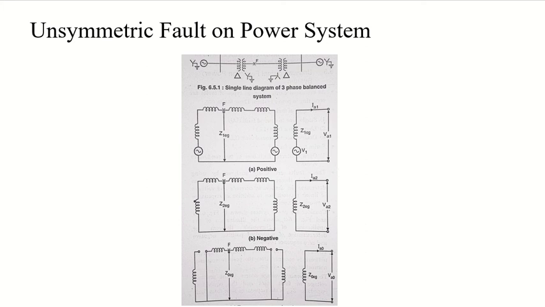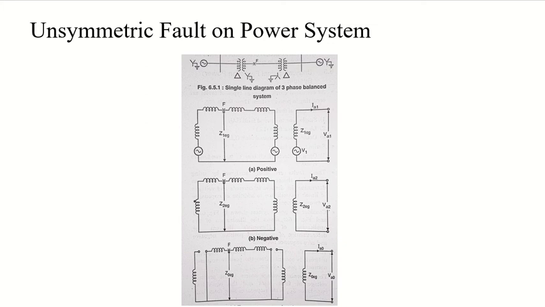From the previous lecture, we started discussing unsymmetrical faults on power systems, and initially we discussed what different kinds of faults can take place in my power system. We divided unsymmetrical faults into two categories, shunt and series type faults, and later we saw the shunt type faults in detail: the single line to ground fault, line to line fault, and double line to ground fault.